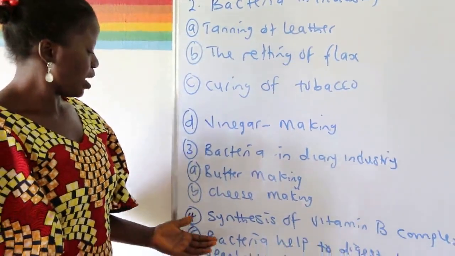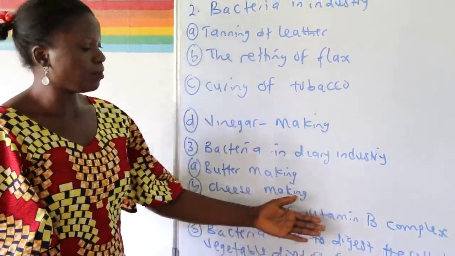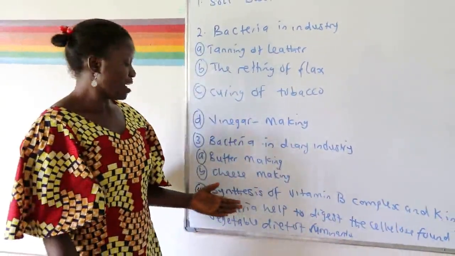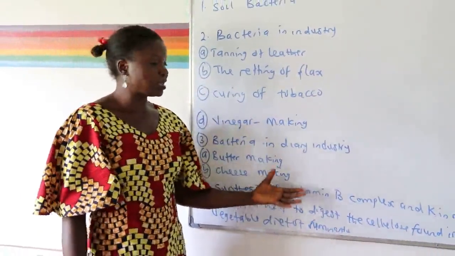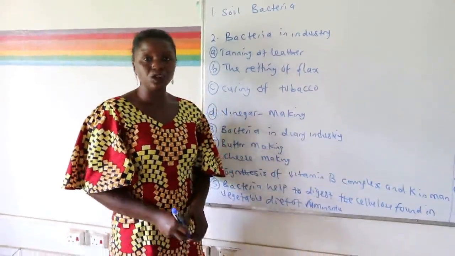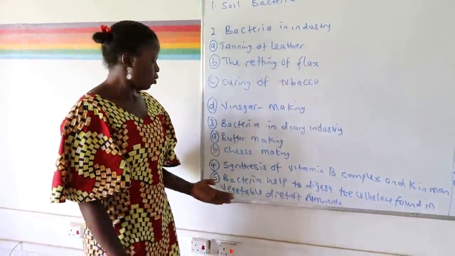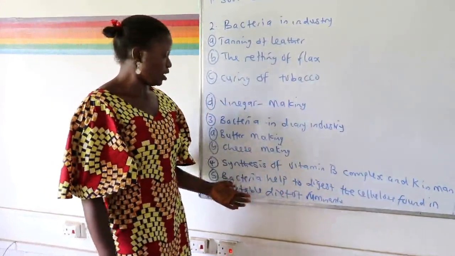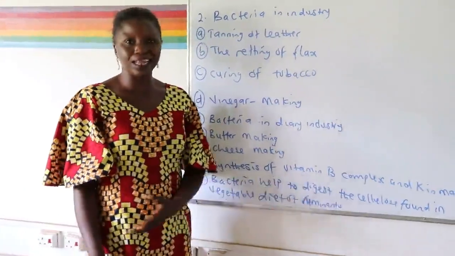Then the next one, number 4, is synthesis of vitamin B complex and vitamin K in the intestine of man. Bacteria are used to synthesize vitamin B complex and vitamin K for man, which is of importance. Then we also have bacteria that help to digest the cellulose found in the vegetable diet of ruminant animals.